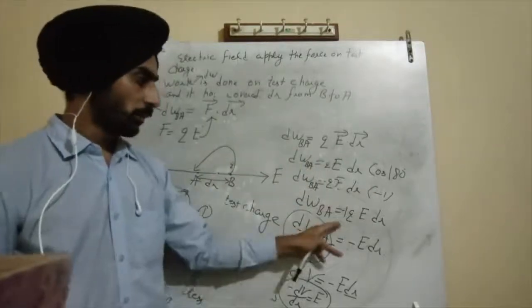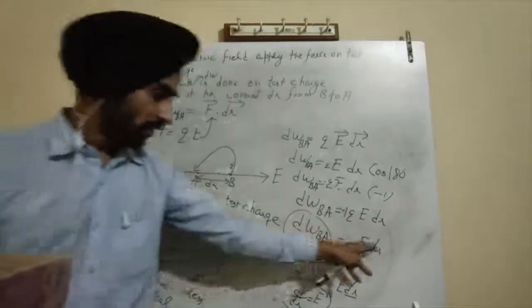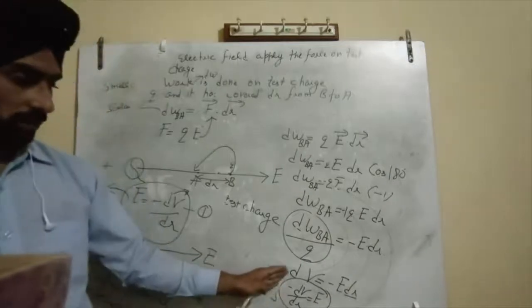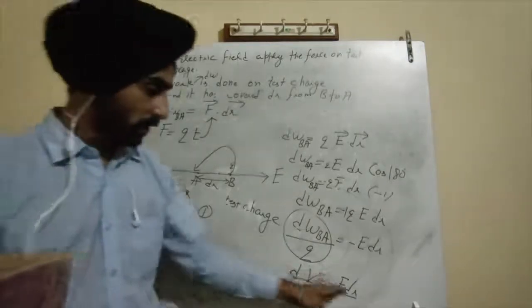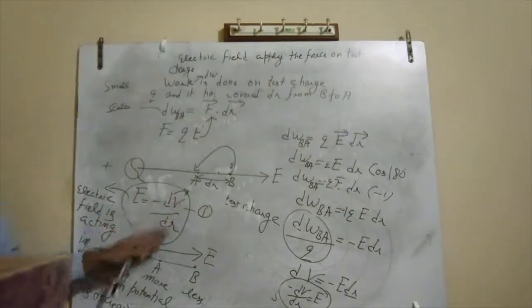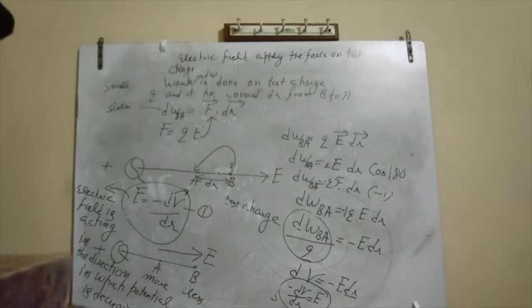So minus QE dr. The work done to carry a test charge is the small potential, so dV upon dr is equal to E, and E is equal to minus dV upon dr. This is the first information given by the relation.